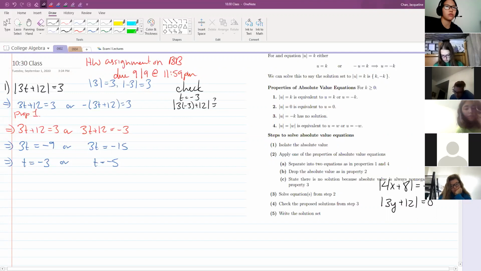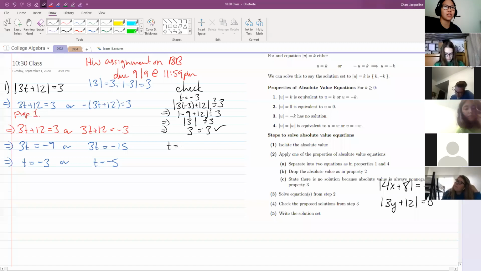Does this equal 3? I have the absolute value of -9 plus 12, which is the absolute value of 3. Does this equal 3? What is the absolute value of 3? It is 3. Since this holds, t equals -3 is a solution.